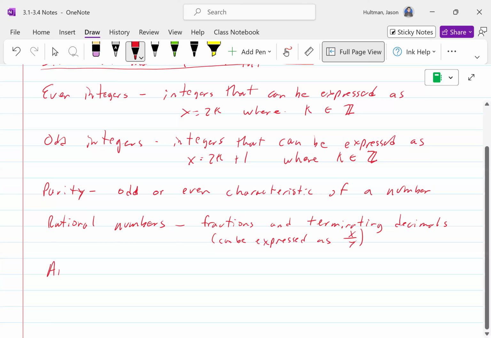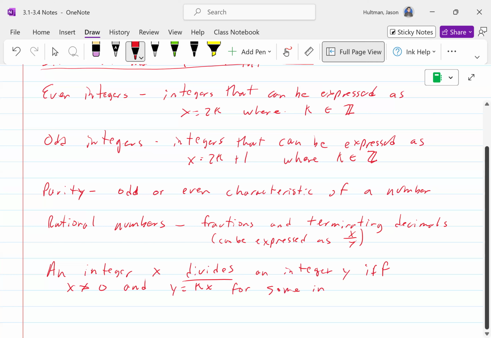An integer x divides an integer y if and only if x is not equal to 0 and y equals kx for some integer k.